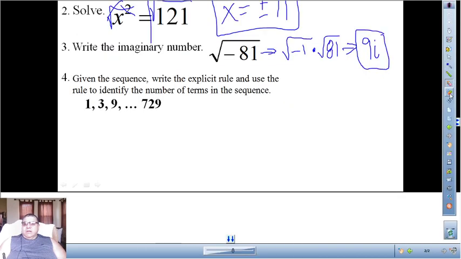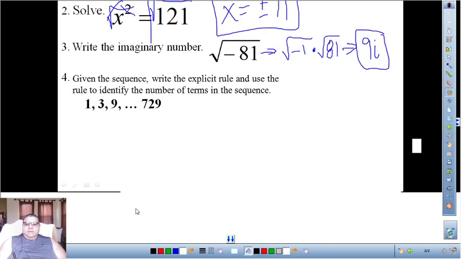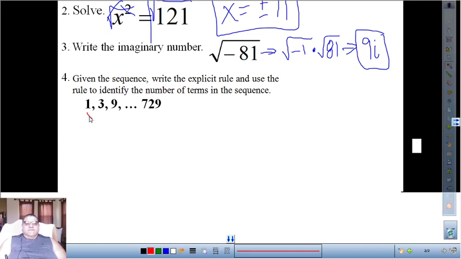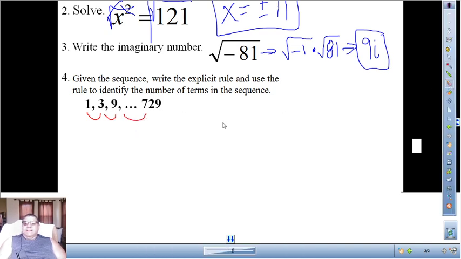And let's go to our last one of the warm-up. It says given the sequence, write the explicit rule. Well, let's find out what kind of sequence this is. From here to here, from here to here, in between. What's happening?